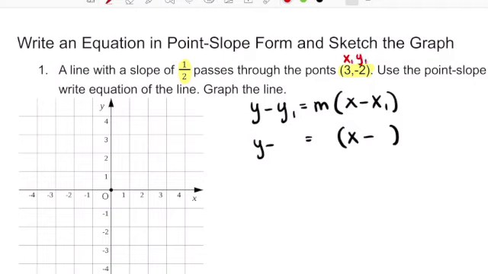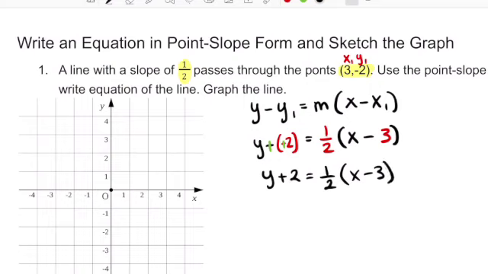My x1 and y1 can be found up here. My y1 is negative 2, my m is 1/2, and my x1 is 3. Now we just want to simplify that minus negative into plus plus. So I will rewrite this as y plus 2 equals 1/2 parentheses x minus 3.